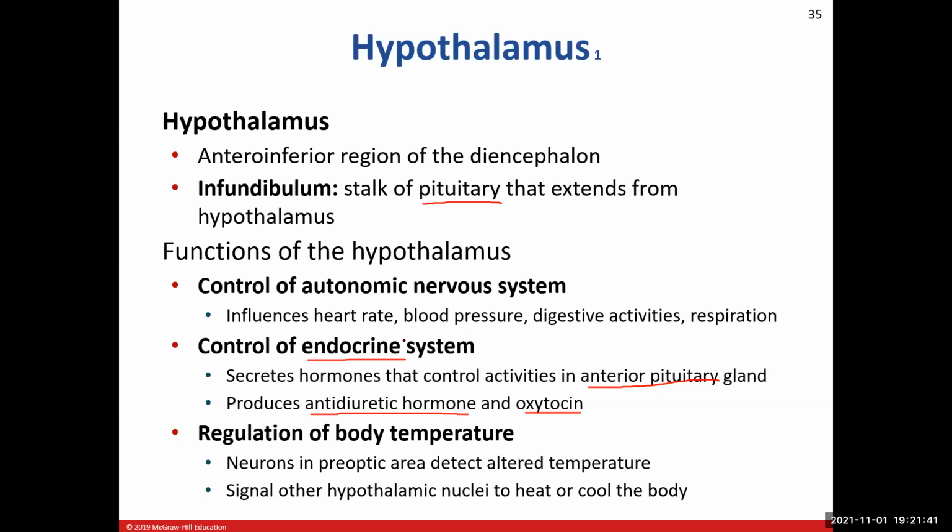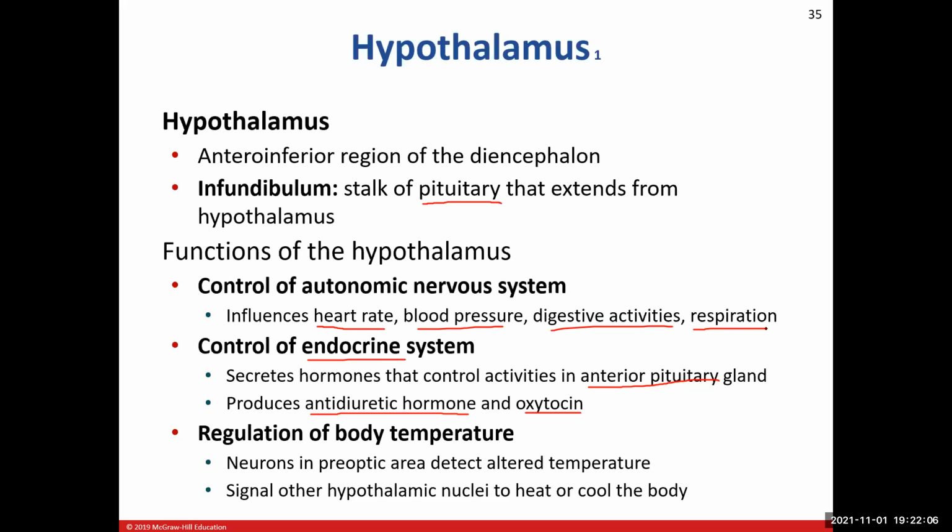But check out this role of the hypothalamus. It controls the autonomic nervous system. We haven't talked about that yet, but the autonomic nervous system is like your autopilot. Its job is to keep certain functions and systems online and working, and you don't even have to think about it. It controls heart rate, blood pressure, digestive activities, respiration, urinary tract issues, kidney function.